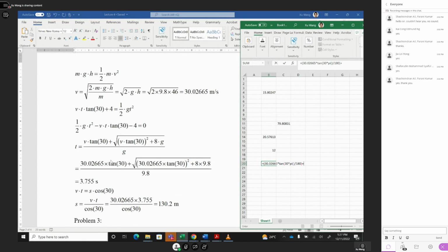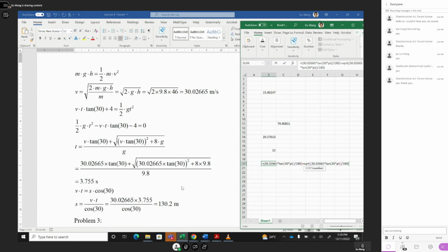Though the formula has plus or minus, you take the plus. If minus, you get negative time, which is not possible. So then plus the square root. Inside will be 30.02665 multiplied by tangent, again the same thing at 30 degrees, multiplied by pi and divided by 180.